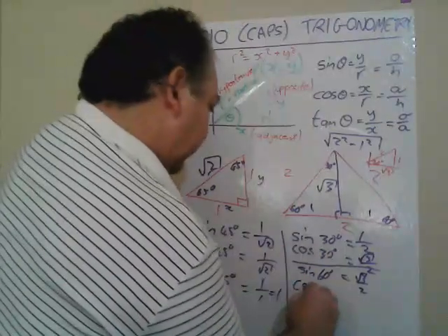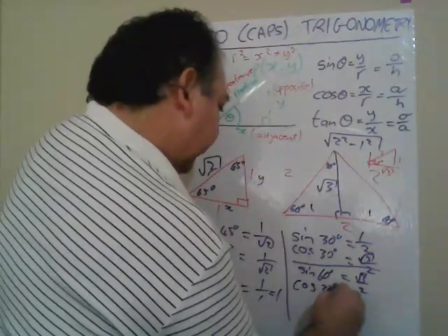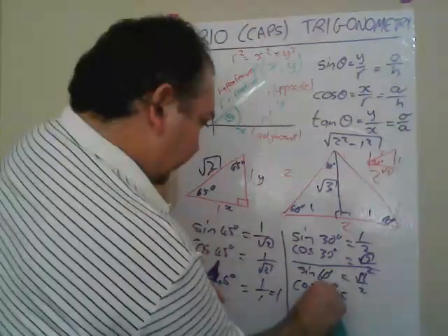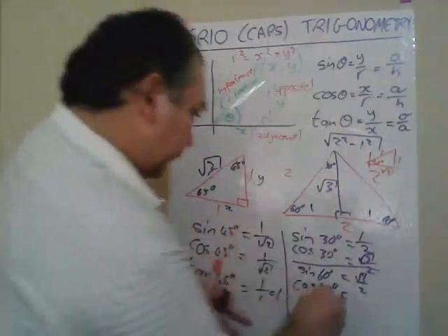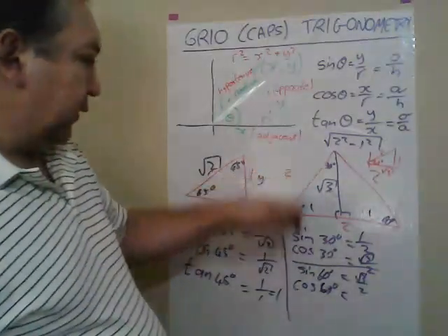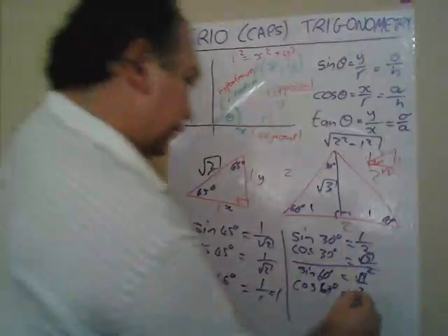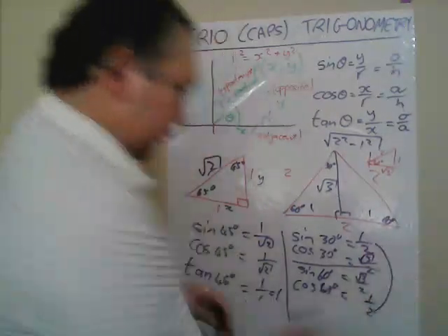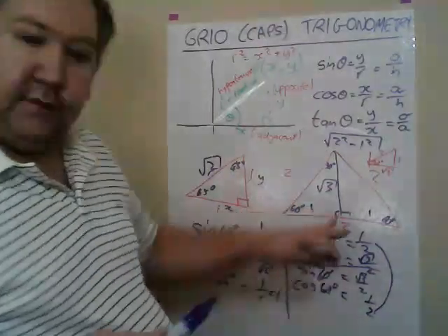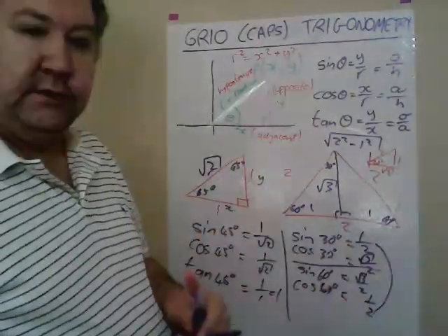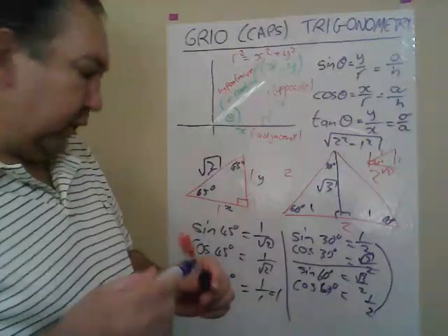Then cos of 60 degrees will be x over r, adjacent over hypotenuse, which is going to be a half. And interestingly, 60 and 30 makes 90, and sin of 30 and cos of 60 are both a half.